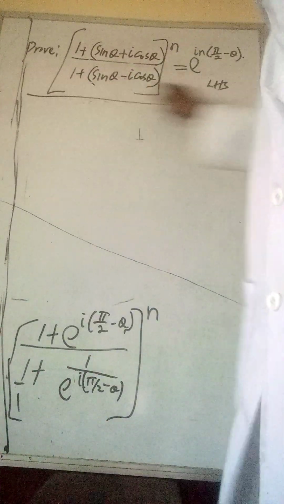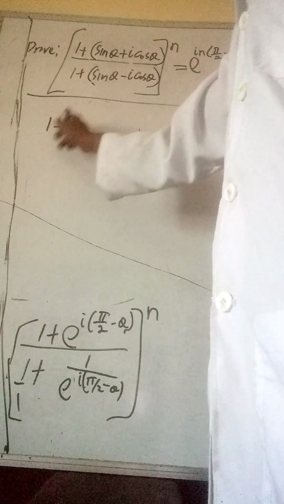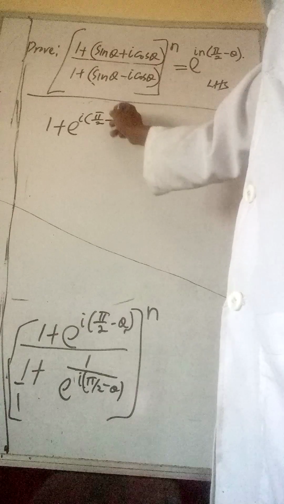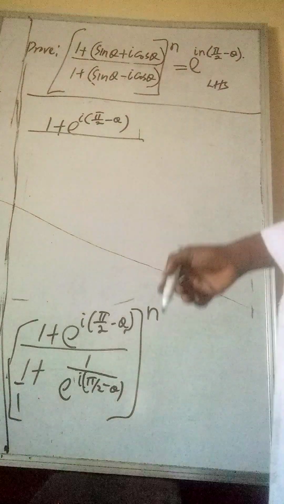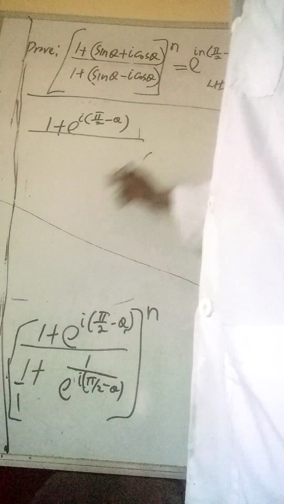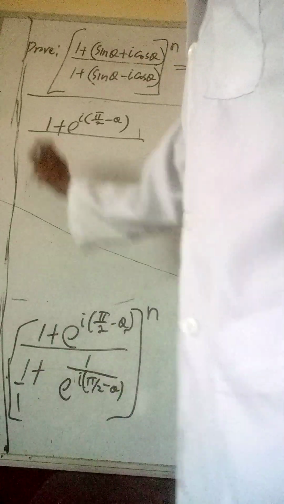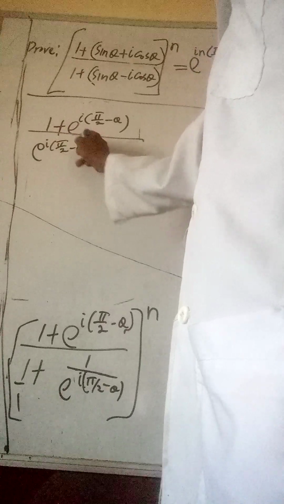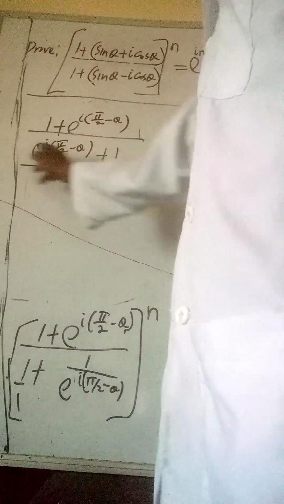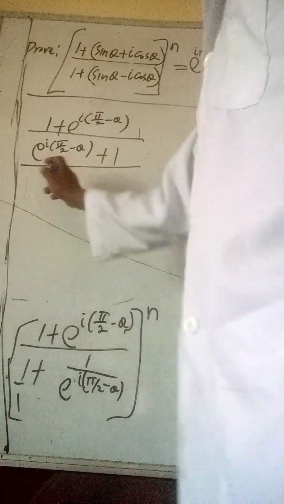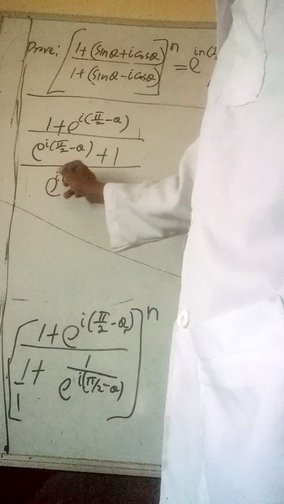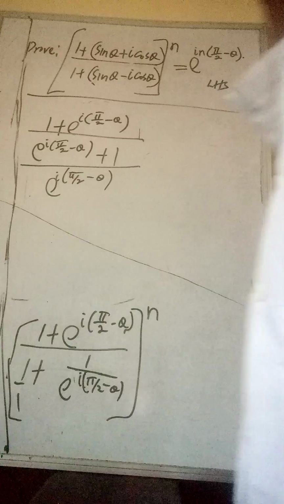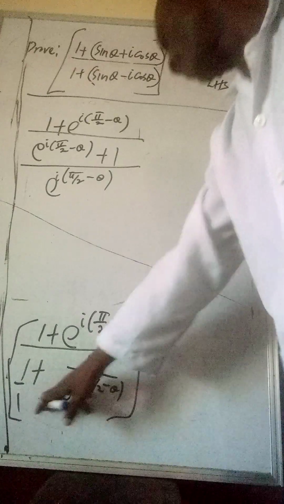So it's now going to be 1 plus e to i open bracket pi over 2 minus theta all over, this will now give us e to i open bracket pi over 2 minus theta plus 1 all over e to i open bracket pi over 2 minus theta. Yes, I found the LCM for this one.